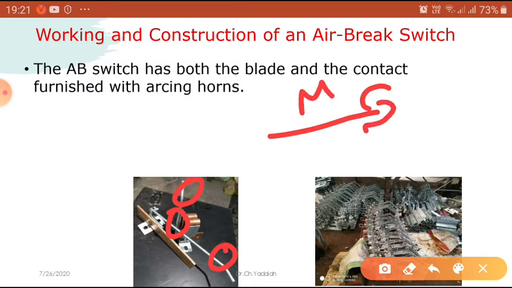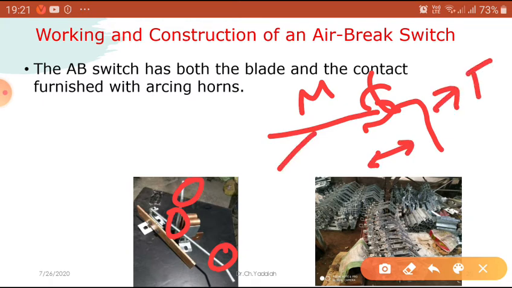Here is the female, which is also an arcing horn. What is happening when the switch is open? This is separated. The male is the moving one, operated by a mechanism, and the female is the fixed one. While it is operated, the separation takes place.